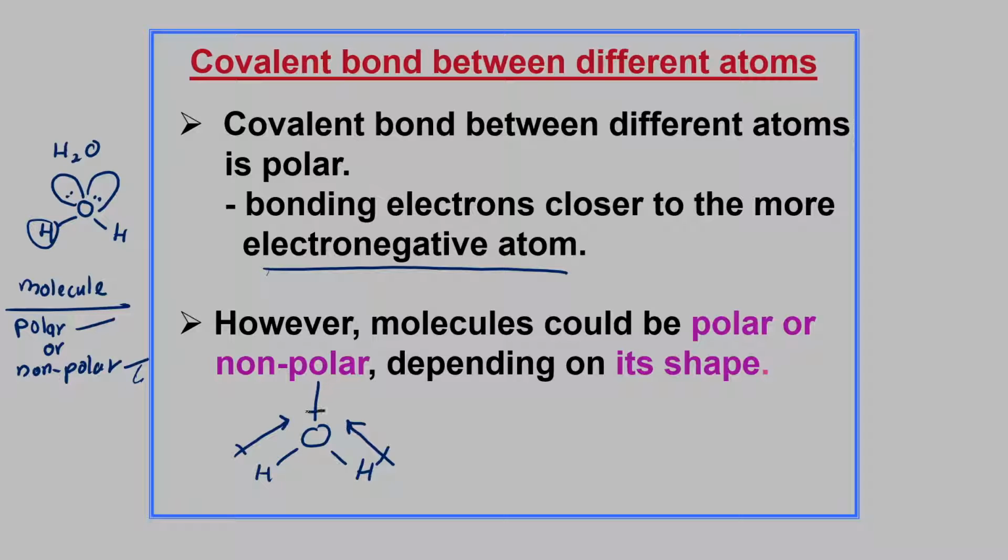Remember this is a vector, so the net dipole moment is pulling upwards. Most of the electrons are here at the oxygen, so it is a polar molecule. Alright, so we are done with polarity.